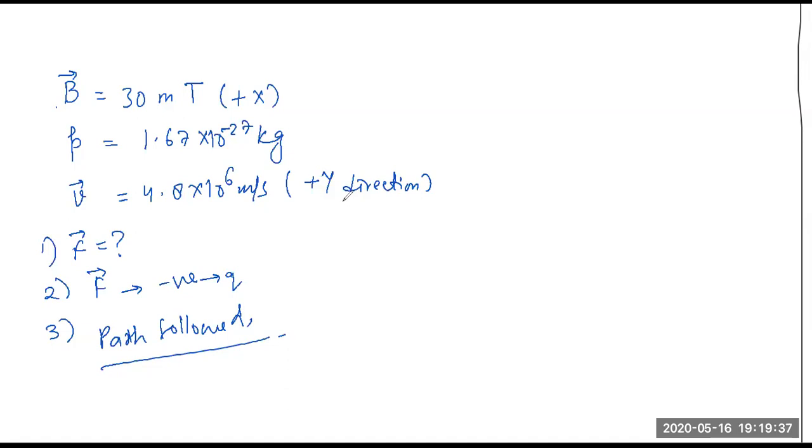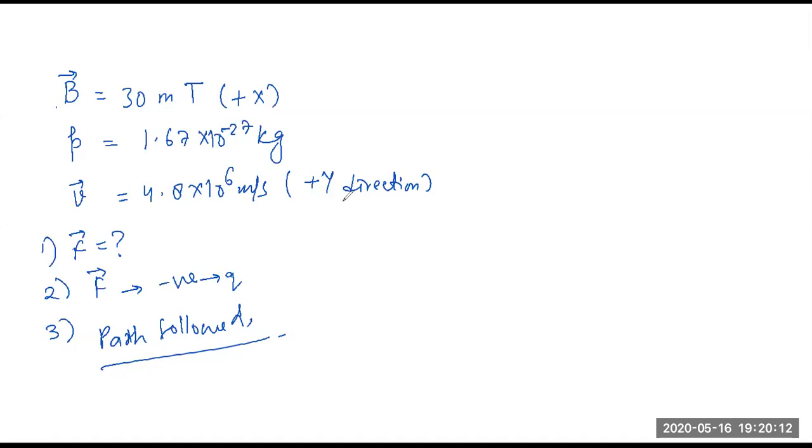So I got 1.4 into 10 power 6 in the plus z direction. The force 1.4 into 10 power 6. They have given the answer as 230.4 into 10 to the power minus 16. I got the wrong one. Okay. Did you put the value as 1.6 into 10 to the power minus 19?